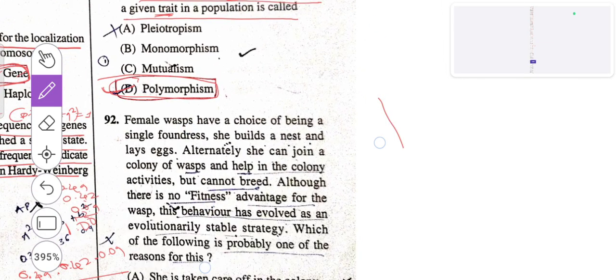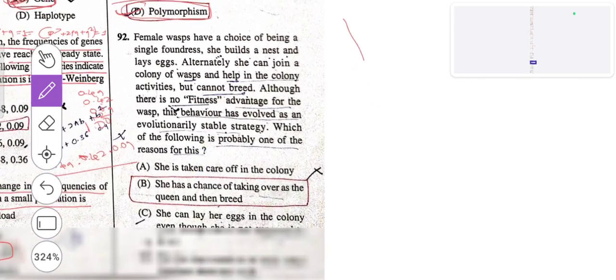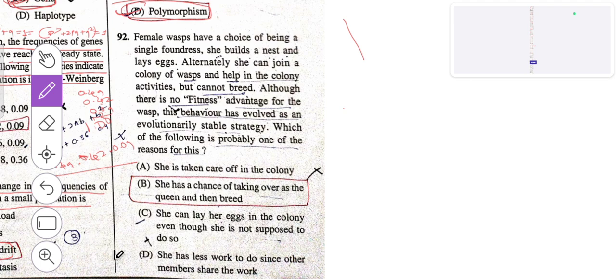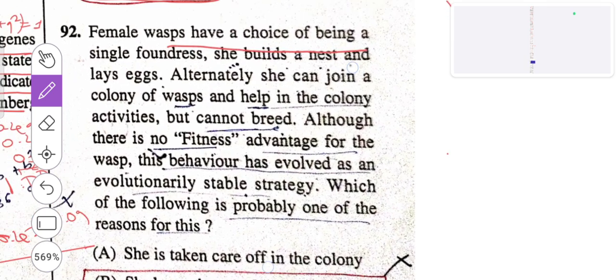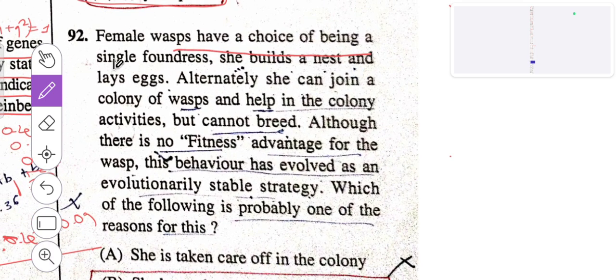Then 92 question. A female wasp has a choice of being a single foundress. She builds a nest and lays eggs. Alternately, she can join a colony of wasps, help in the colony activities, but cannot breed.